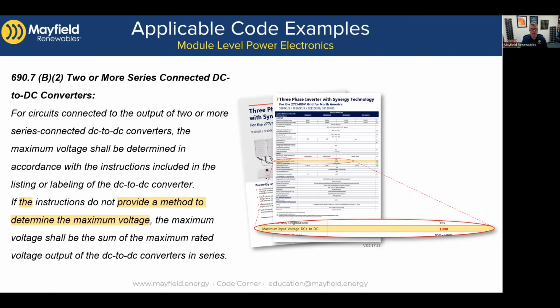If for some reason the manufacturer doesn't give you this information, the maximum system voltage is going to just be the maximum output voltage listed for those DC to DC converters, and you're just going to add up the series connections. I've yet to find anyone who doesn't have this listed in their instructions. So that's really going to be the way that you go about finding what the maximum system voltage is for systems utilizing DC to DC converters.